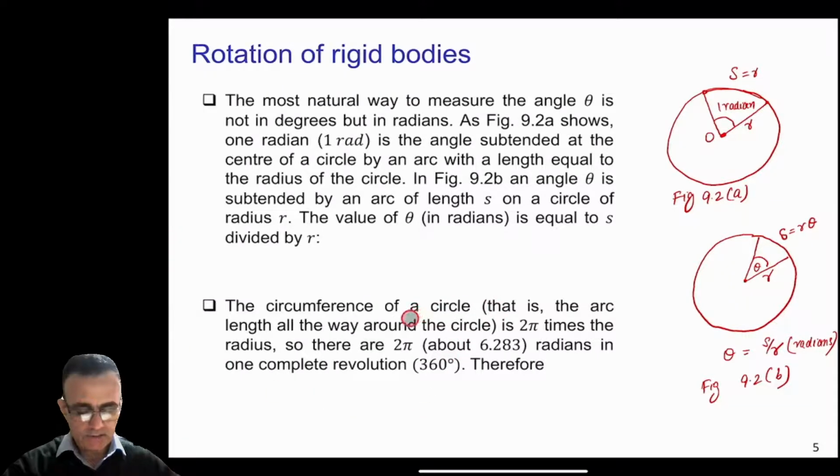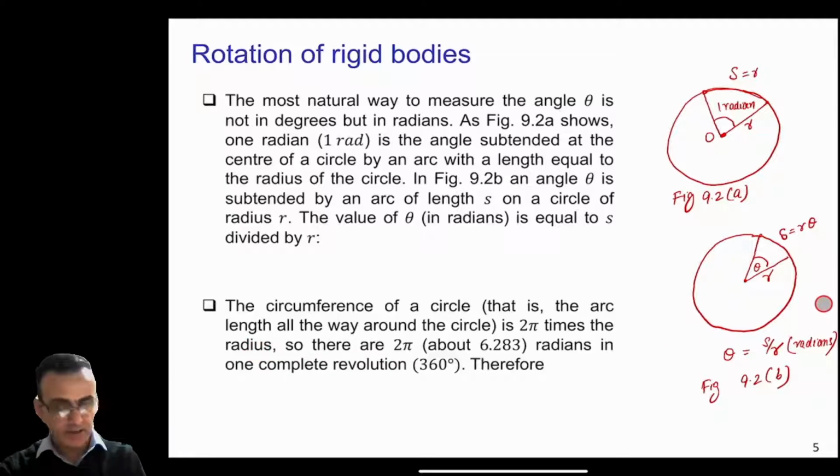Now the circumference of a circle, which is this whole arc around the circle, is 2 pi times the radius.